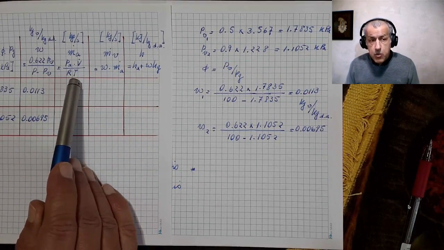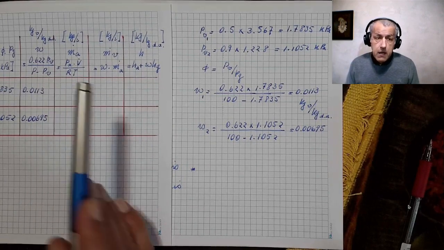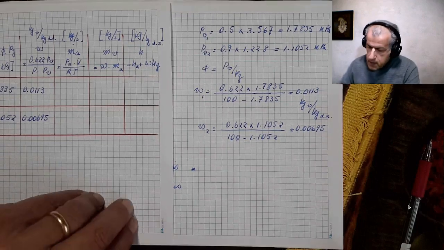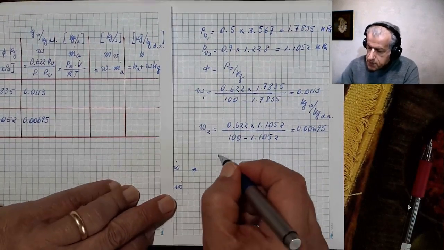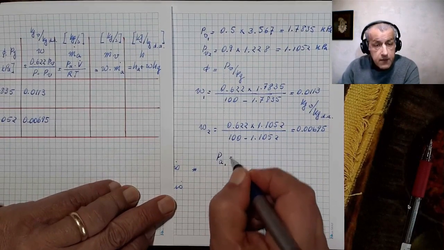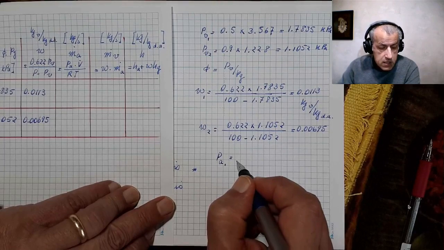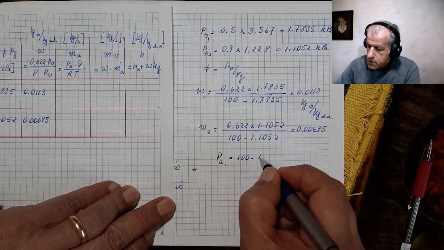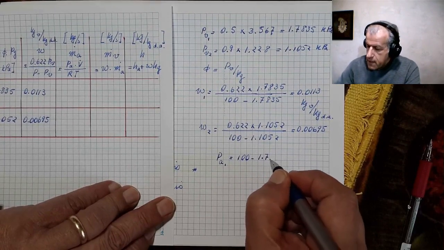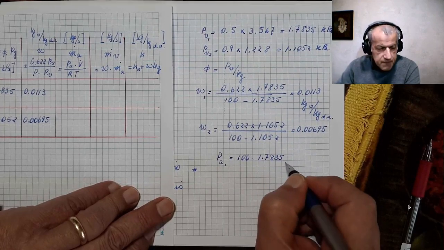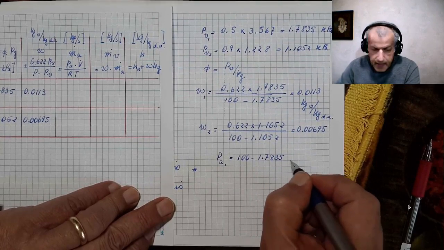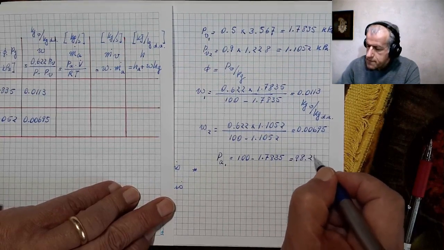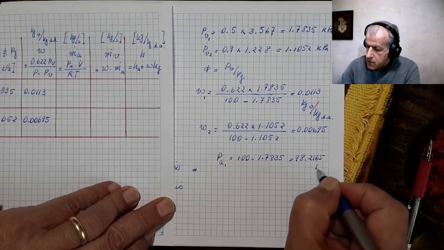Temperature is the same for both, and also R for air is known. So the partial pressure PA for case 1, the initial case, is 100 minus 1.7835, and that equals 98.2165 kilopascal.